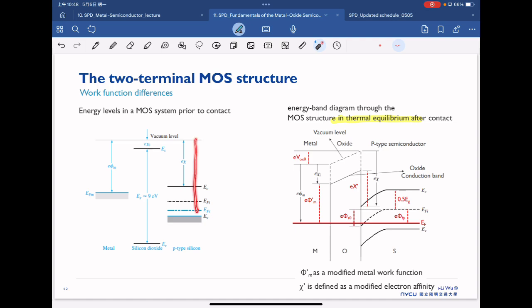So that's why we can foresee there's a band bending inside the oxide here. Later, we will try to analyze this work function difference. What would be the cause of this work function difference in the two-terminal MOS structure?